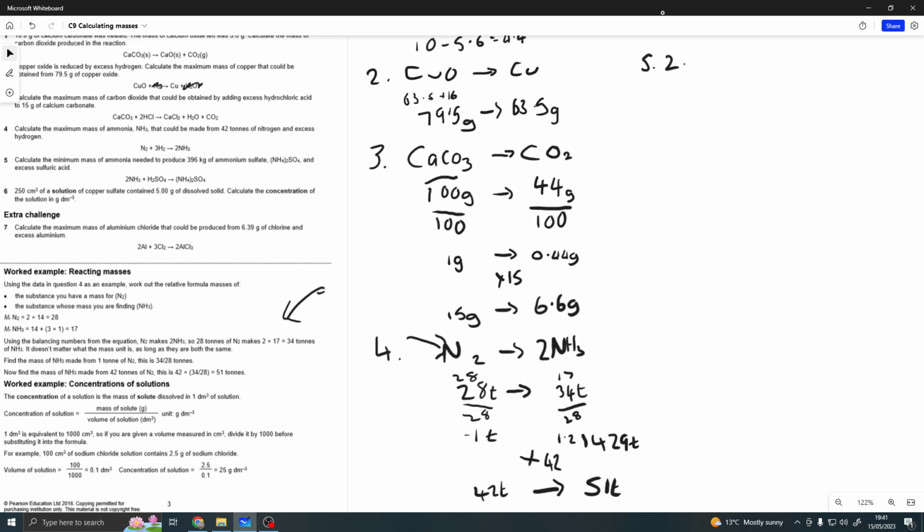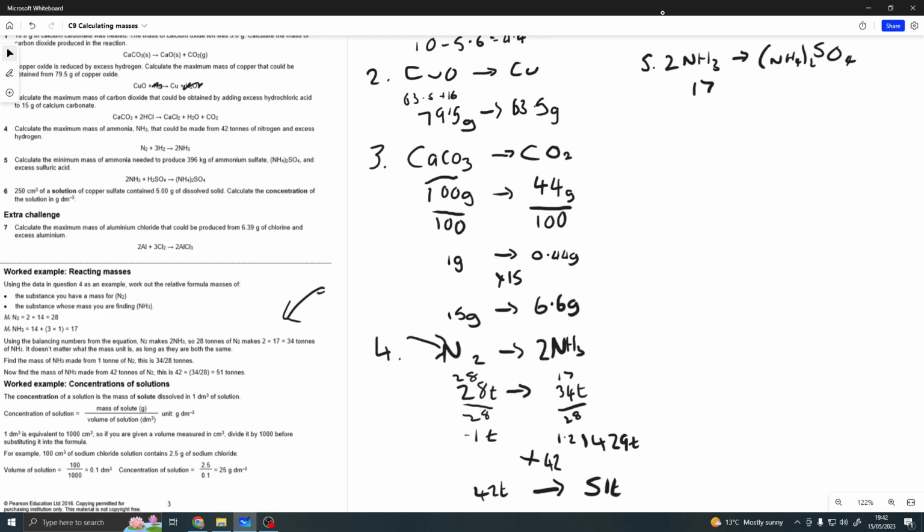We've got 2 NH3 going to 1 NH4 to SO4. So let's start off with the formula masses, the MRs again, so that's 17. Now this one obviously gets a bit trickier. So we've got 16 times 4 for the oxygens, plus 32 for the sulfur. So that's the SO4 bit.